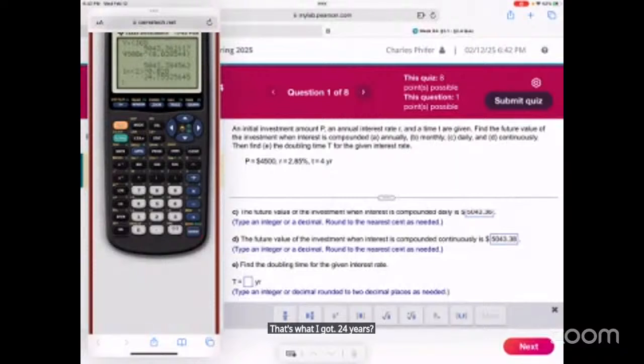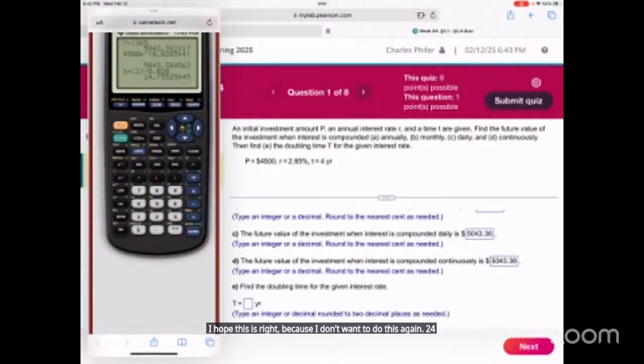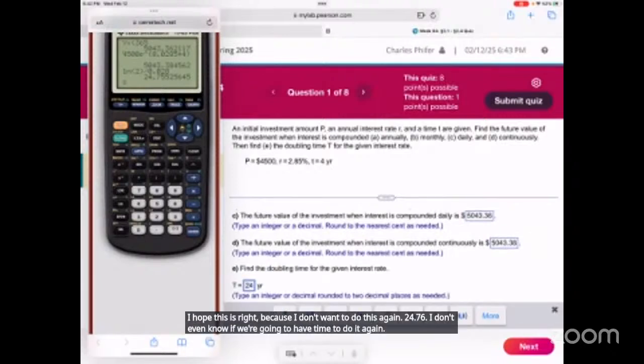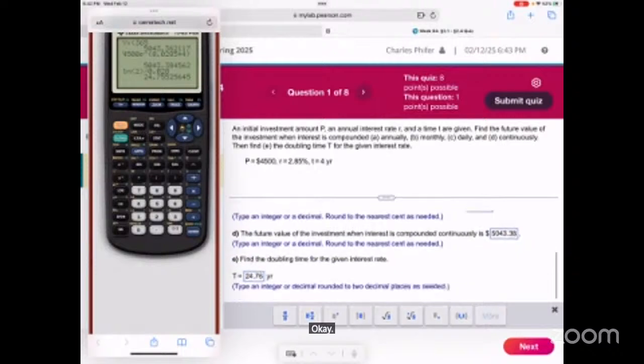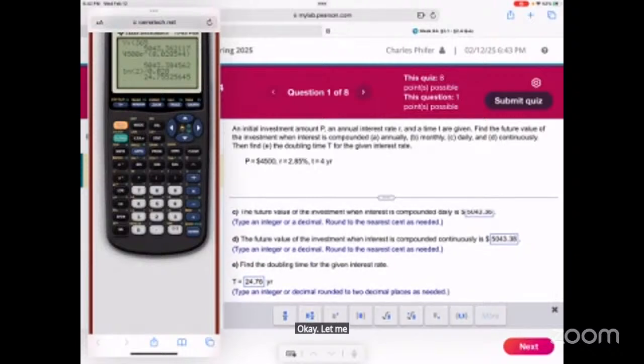It rounds to 2 decimal places, so 24.76 years. I hope this is right, because I don't want to do this again. I don't even know if we're going to have time to do it again. Let me think about it one more time. Yeah, I think we're good. Let's go on.